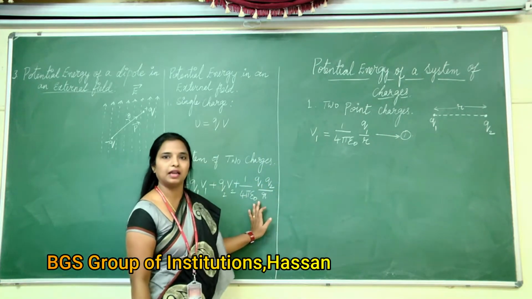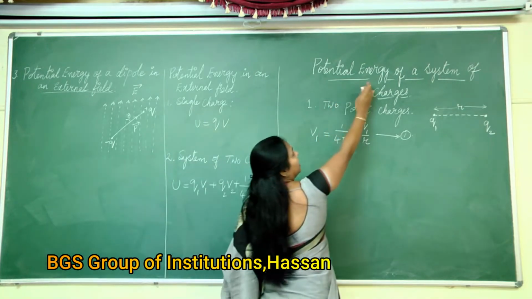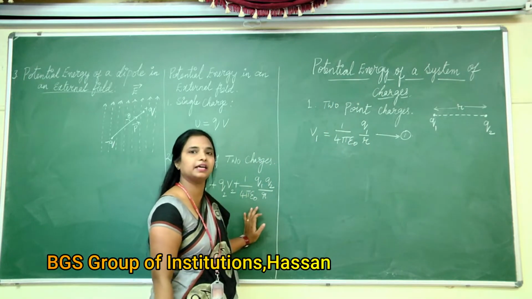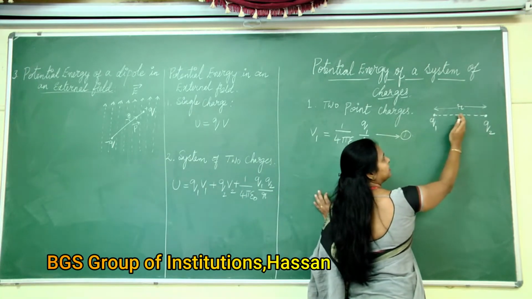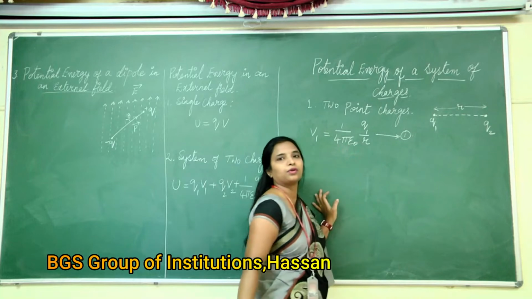Now we have to calculate the potential energy. Potential energy of the charge Q2 at a distance R from Q1.